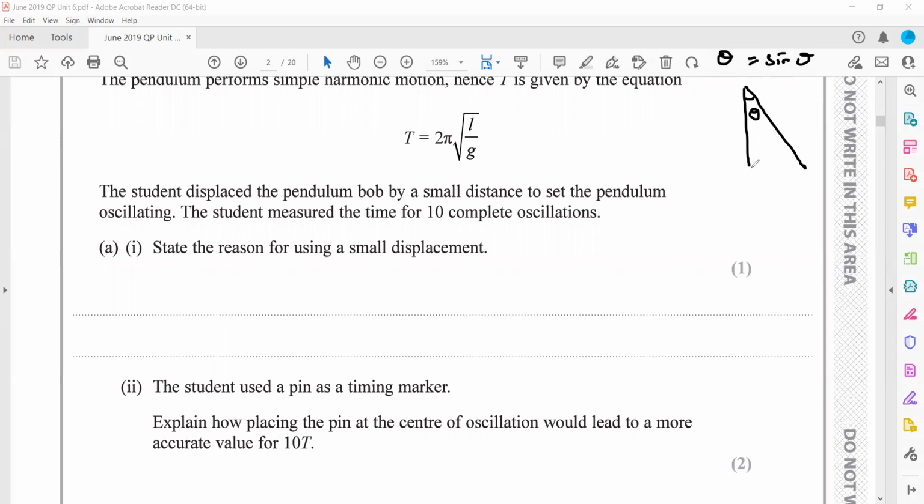If we take a large amplitude, the value of theta is more, so this relation is no longer valid. That's why the student is using a small displacement. The basic idea is that this equation is only derived when theta is very small and theta is equal to sine theta.